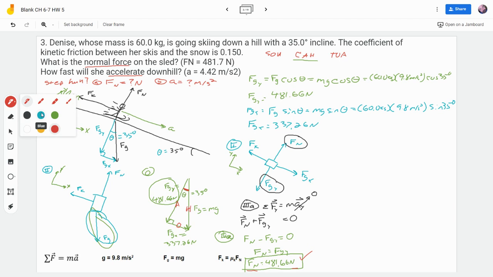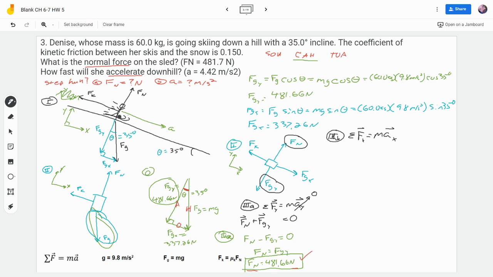On to the other side. On to the x side. Which color? I got black. Okay, so on the x side, I'm starting up here. You'll know which part is which. Step 3b. F equals ma, but really, sigma f sub x with a hat is equal to ma sub x with a hat.